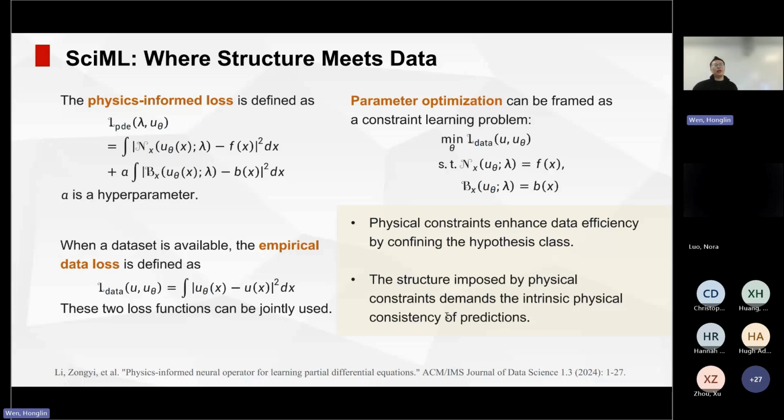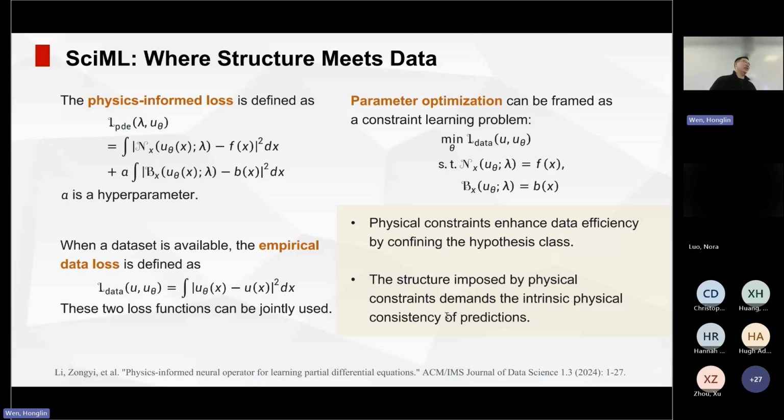If we have a data set, we have an empirical data loss, where we compare the predictions with the ground truth. If we combine these two terms, it's just a constrained optimization problem. That's it. Previously, people sometimes combined these two terms naively, but thinking about it in a more principled way, it's just a constrained optimization.